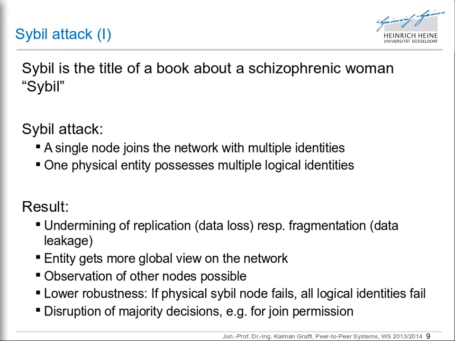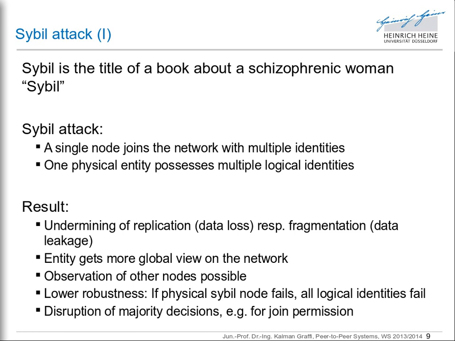So this node is able to remove an object completely with its replicas. Another result is that the entity gets a more global view of the network. Thus it can plan when and how to attack the overlay. The observation of other nodes is also possible if the logical identities are placed in the right positions.